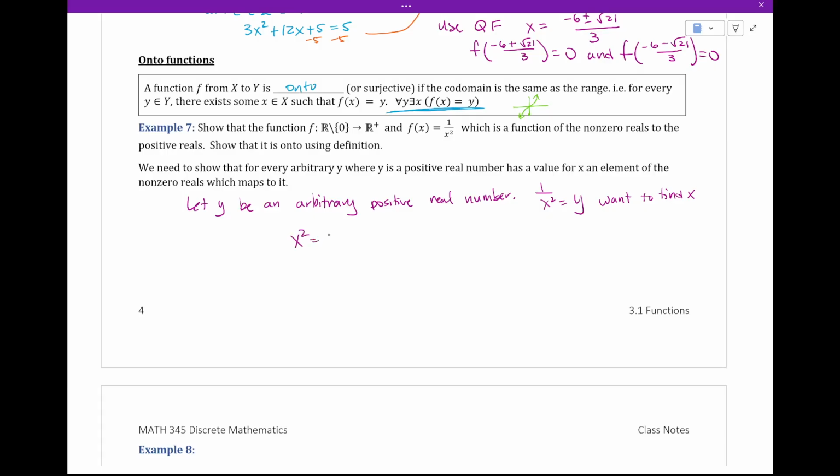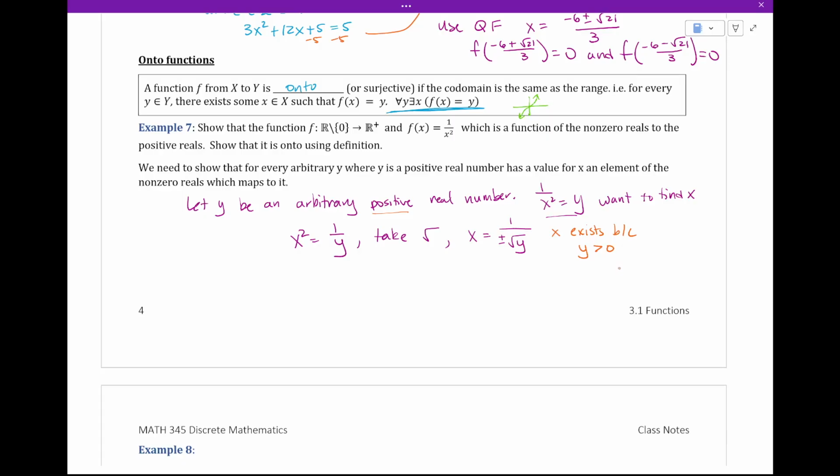So x squared is 1 over y. So I'm taking one step of algebra for that. I want to take the square root. So x is equal to 1 over plus or minus the square root of y. Here, this works out. x exists because y has to be greater than 0, because it has to be positive.